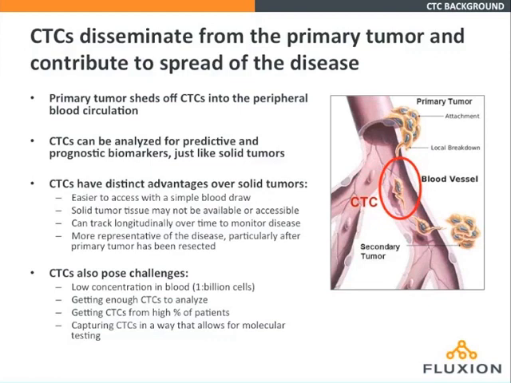Again, the biggest advantages are ease of access. The blood draws can be taken many times during treatment, and that circumvents some of the problems with primary tissue availability. That can be used to monitor disease over time and look at progression and changing mutational status.